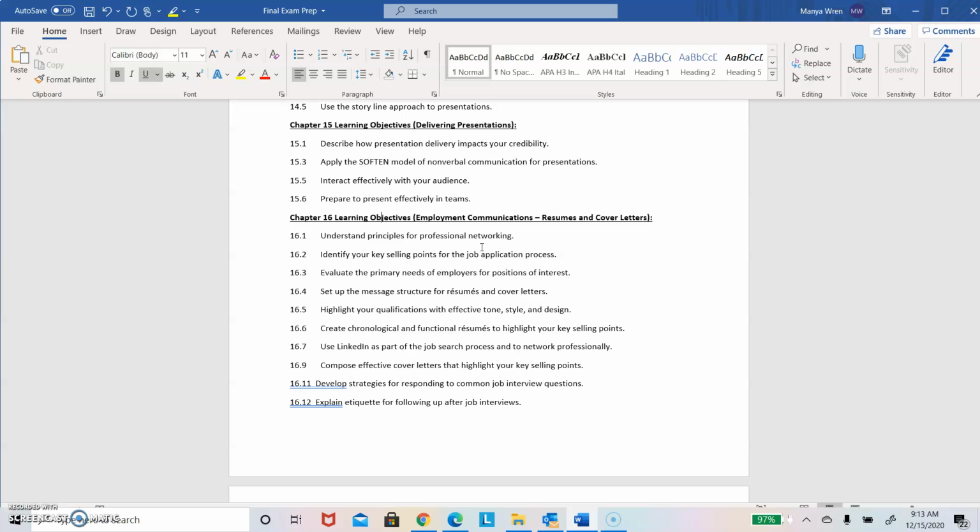So your selling points, the needs of employers, evaluating the primary needs of employers for positions of interest, setting up message structure for resumes and cover letters, highlighting qualifications, creating chronological and functional resumes, LinkedIn, composing effective cover letters, strategies for responding to common job interviews, and etiquette for following up. So the job application process, from applying all the way to the interview.